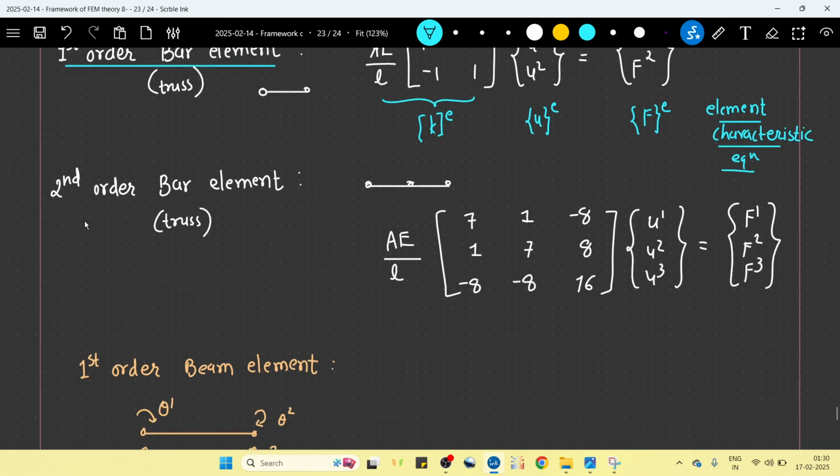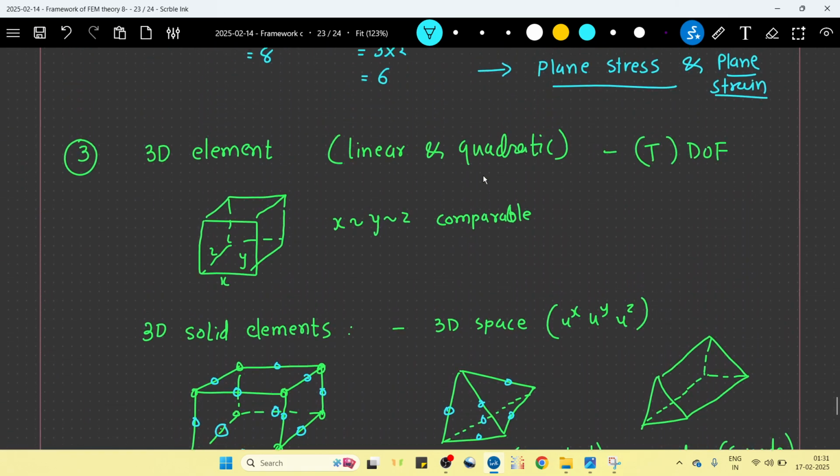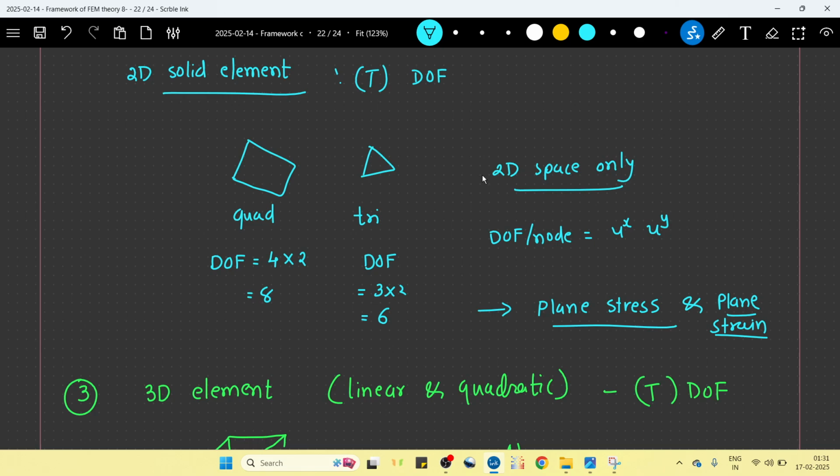Similarly, the second order bar element, meaning quadratic bar element, is also called truss element, which will have an additional mid side node, so a three noded element. In the last video, when I explained different element types, I also showed you the degree of freedom per element.